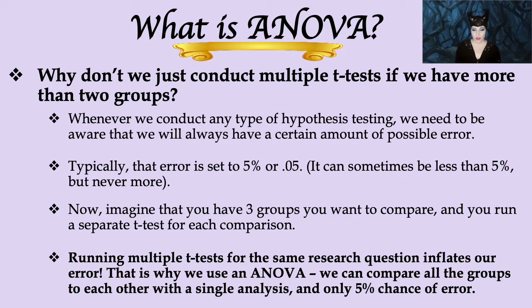So with an ANOVA, we run 1 analysis, only a 5% chance of error, in a way that we can compare all of the groups at once. So instead of running 3 different analyses, we run 1 analysis that takes into consideration all of the group differences, all while keeping us at a totally legitimate 5% chance of error.